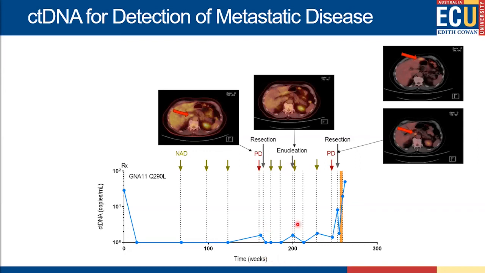Again, there was an elevation which coincided not with liver metastasis, but instead with a regrowth in the primary tumor, which resulted in enucleation of the eye, and then again undetectable ctDNA, which became elevated, again coinciding with later development of 2 metastatic deposits, which were resected.